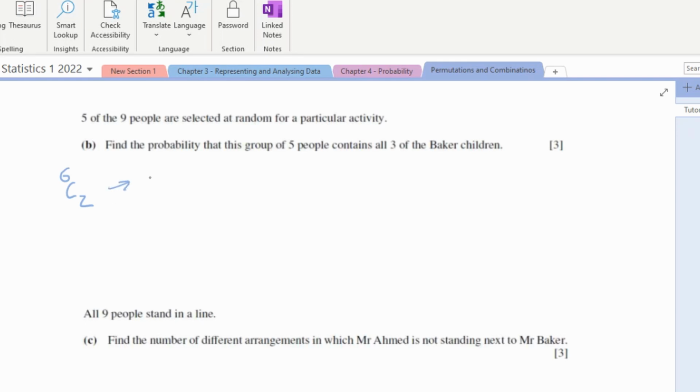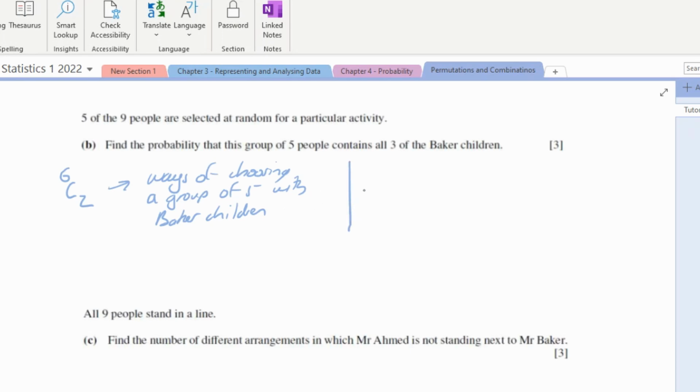So this is ways of choosing a group of 5 with Baker children included. Right, so we're just saying we've got them as 3 and we need 2 more people to fill the group.